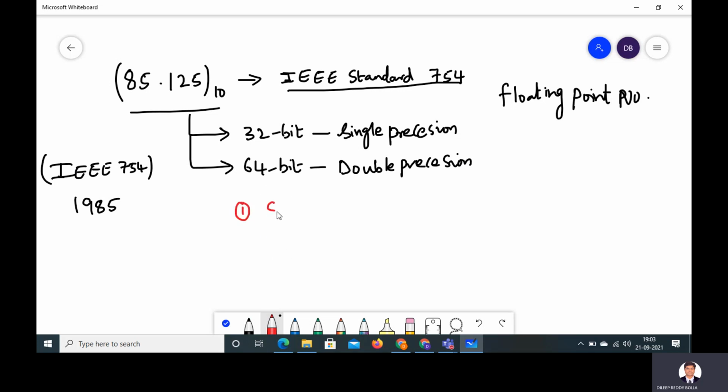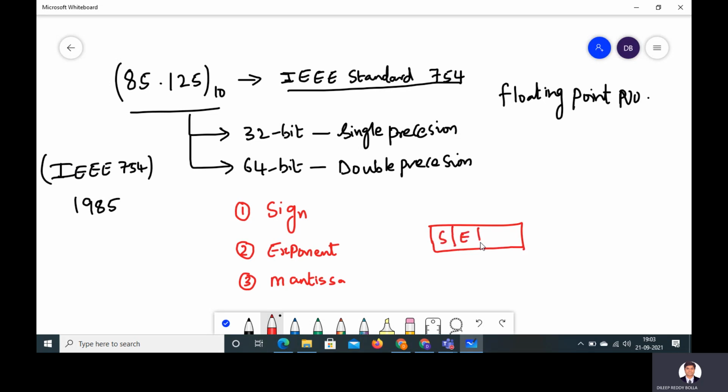The first one is sign, the second one is exponent, and the third is mantissa. To make it simple, in this format the first bit will be the sign bit, the second the exponent bits, and the third the mantissa bits. This is how it will be represented.